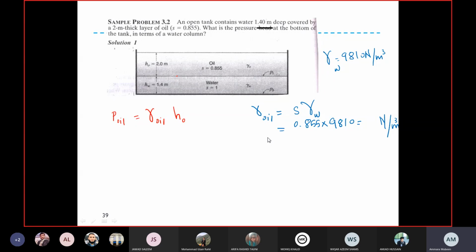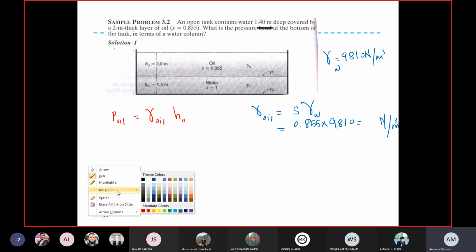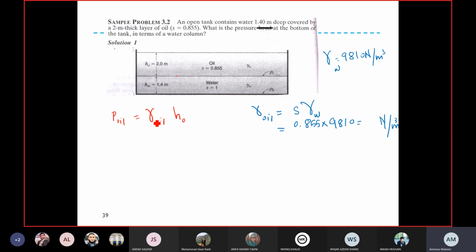Okay, and then putting the value of gamma of oil in this equation, you get the pressure of oil here at the interface.